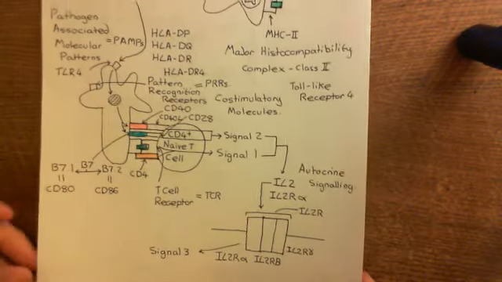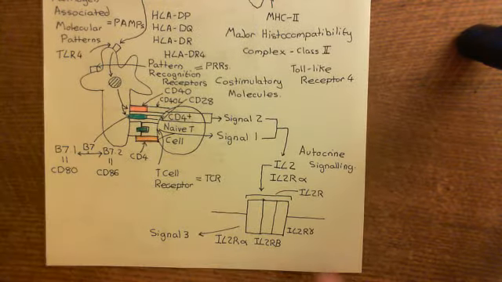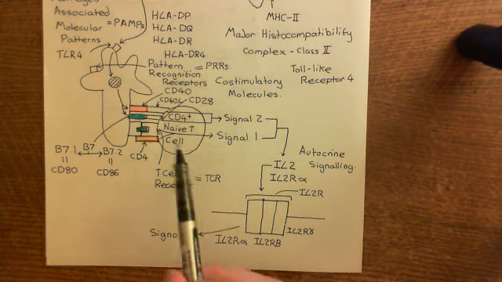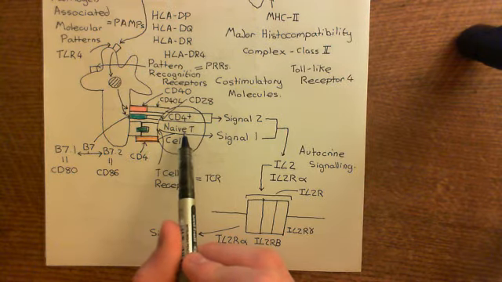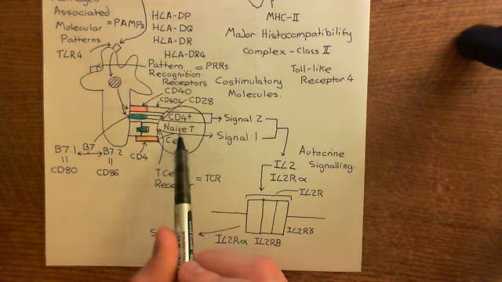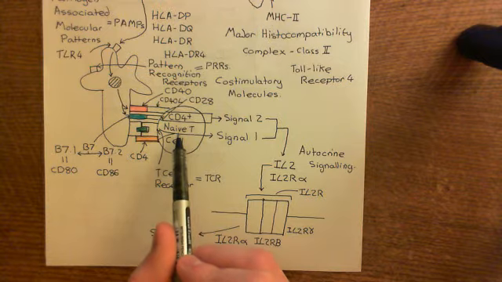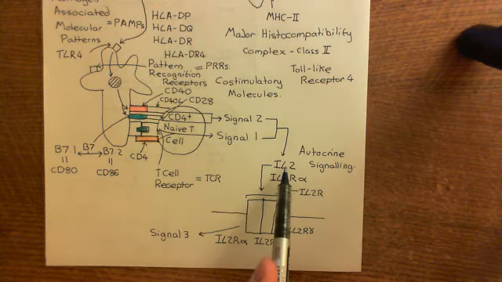Okay, so here's what we drew when we discussed how we were going to activate the adaptive immune response. Basically, glucocorticoids will go into CD4 positive naive T cells, okay, and they will decrease the expression of interleukin 2.